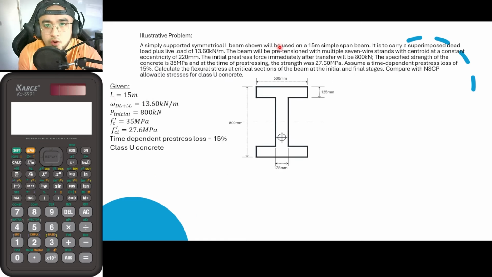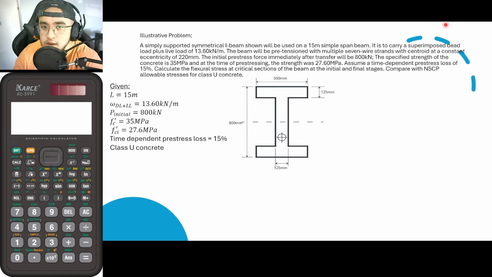It is according to the problem that the length is 15 meters. And it is to carry a superimposed dead load plus live load of 13.6 kilonewton per meter. But take note, guys, it is said here that it is superimposed. When we say superimposed, it means that it is just on top of the member itself.